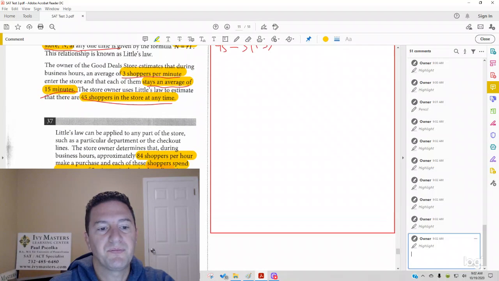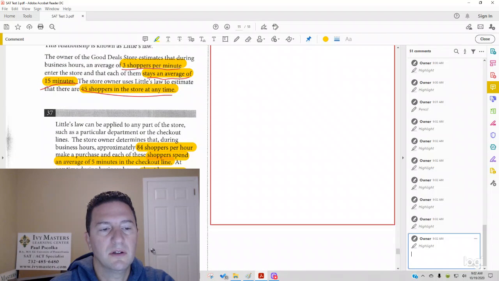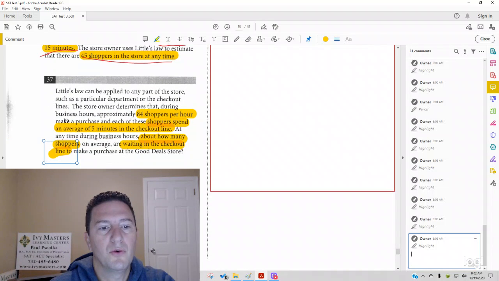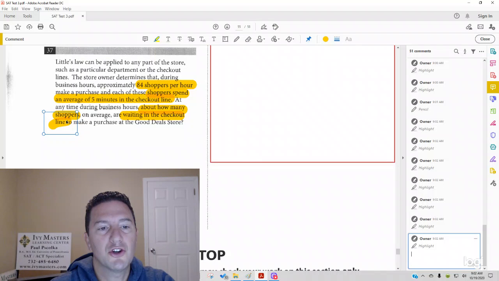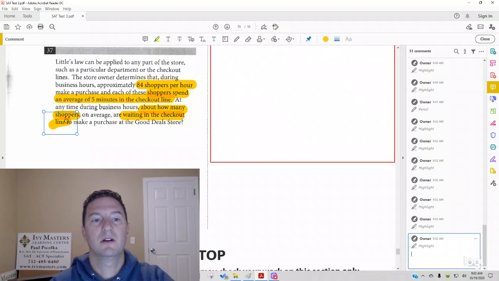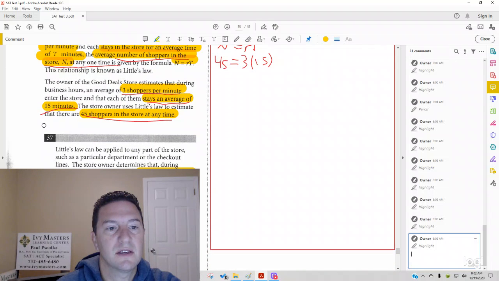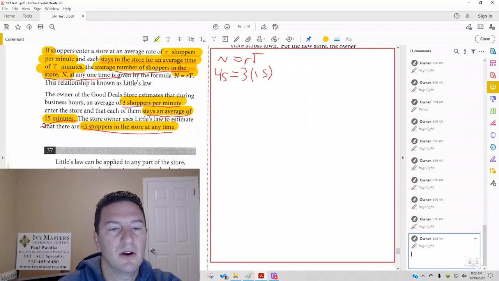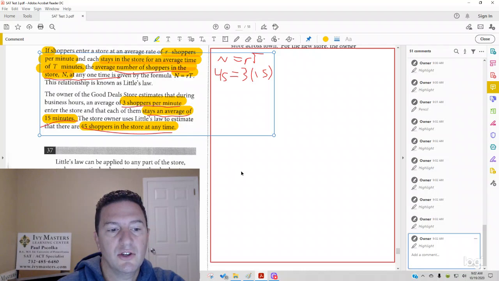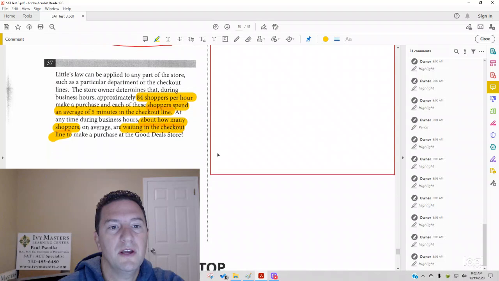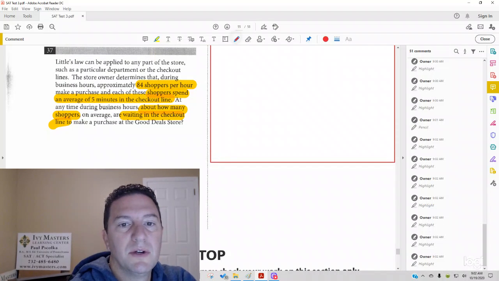Okay, so I'm going to do a little scrolling here. One thing is, it says that it's 84 shoppers per hour. And if you notice here, it says shoppers per minute. R is shoppers per minute. So actually for your R here, R is going to equal 84 over 60.